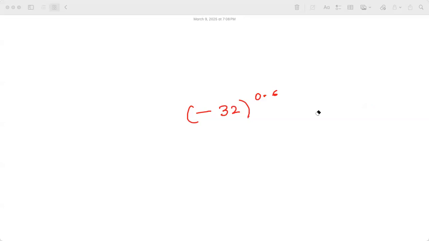That's 0.6. Sorry for my handwriting. Can we use the calculator? No, don't use the calculators. Change to rational exponents. That's what we are learning, right? This time I'll wait for all of you.